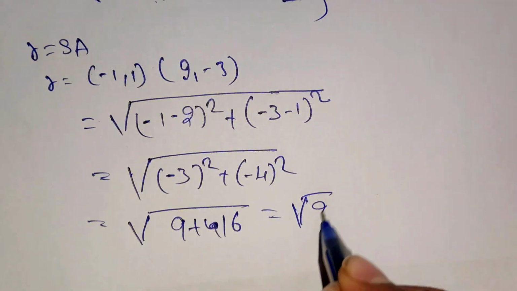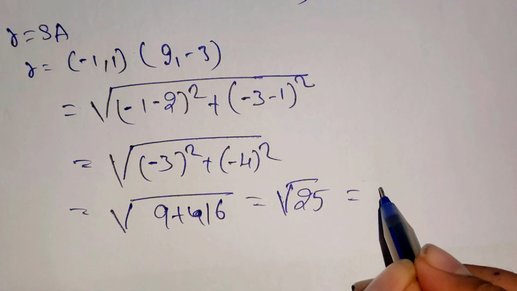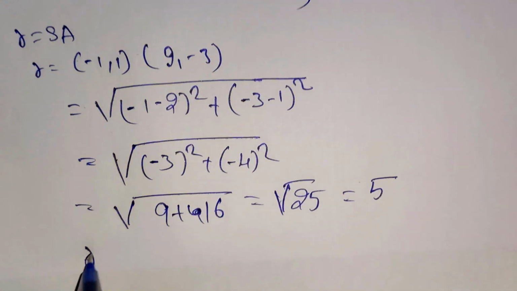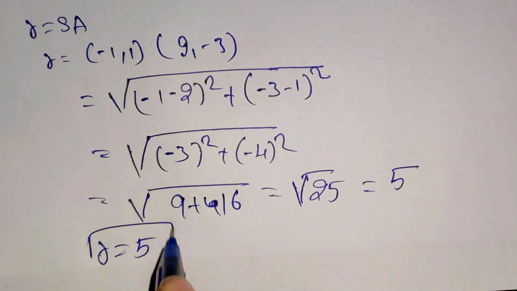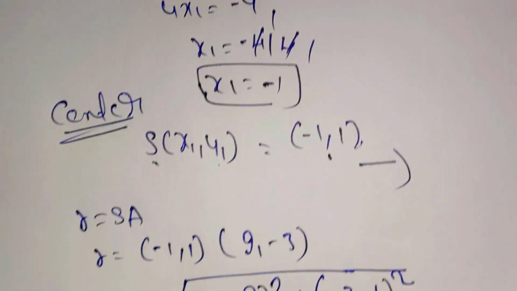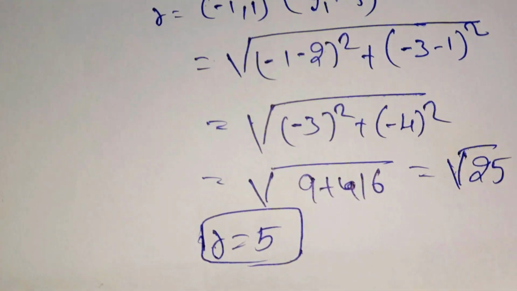Now what is the value? Root 25. What is the value? 5 whole square equal to 25, so 5. Now radius equal to 5. So we have center minus 1 comma 1 and the radius is 5.